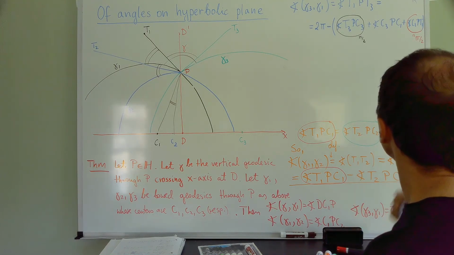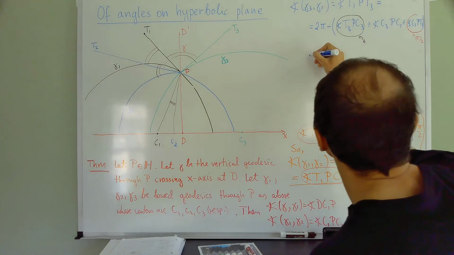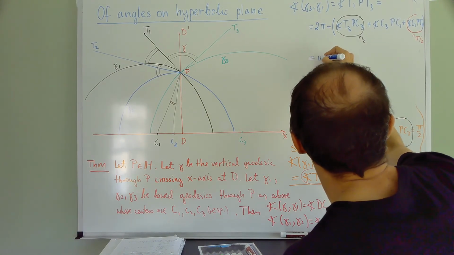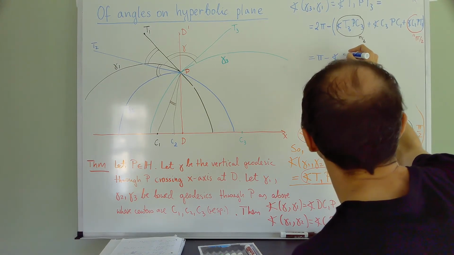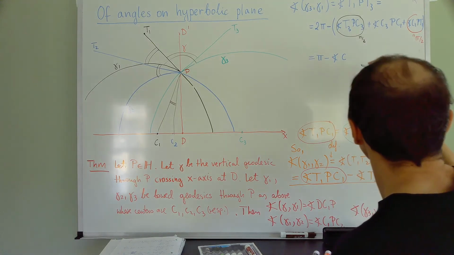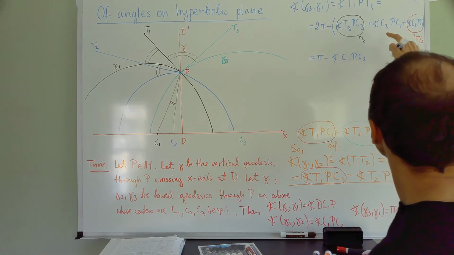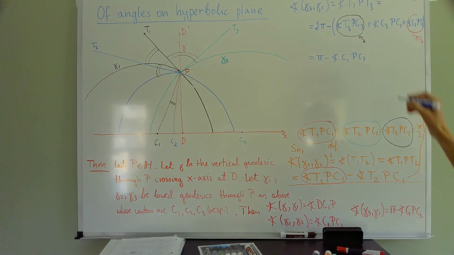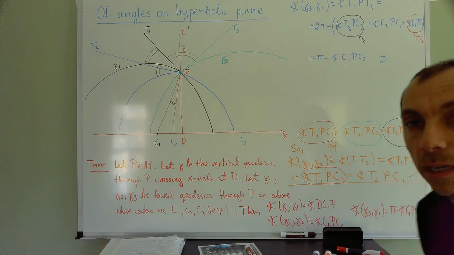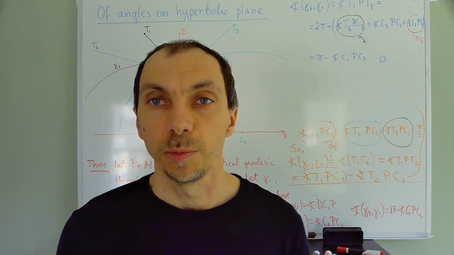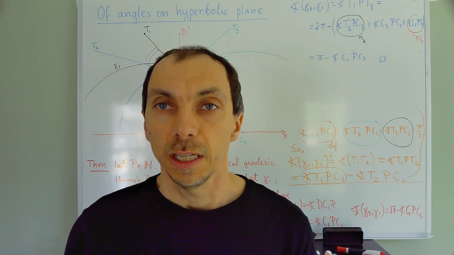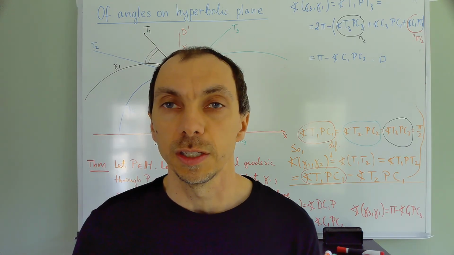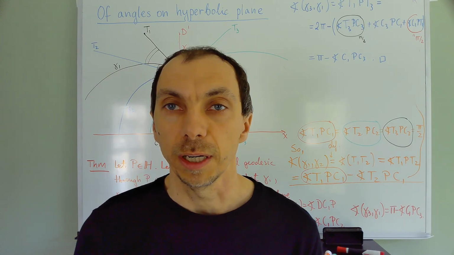So if you do this, I have 2 pi minus pi halves minus pi halves, so I only have pi left. So that's pi minus the angle C1 P C3. I just reversed these two, and this is exactly what we wanted. Okay, so this finishes the proof of it. In the next part, we'll see how to use this in some practical situations.